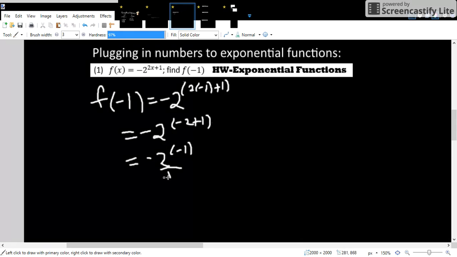Whenever we have just a number like 2 by itself, we can always put a 1 in the denominator. So now it becomes a fraction, so we can flip it. That's the same thing as 1 over negative 2 to the first power, and that's simply negative 1/2. And that equals f of negative 1.